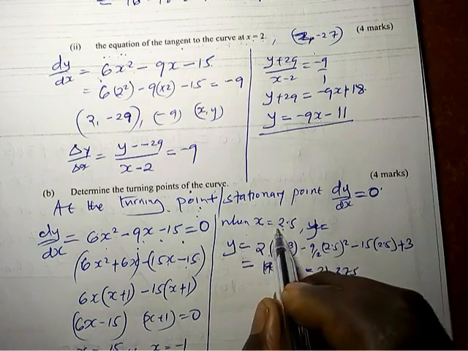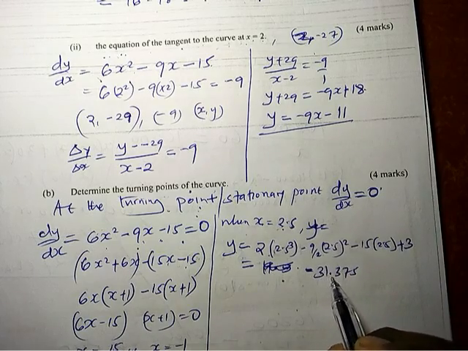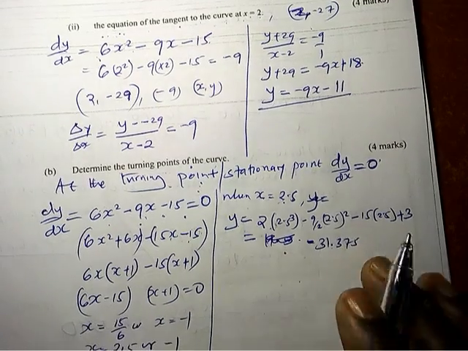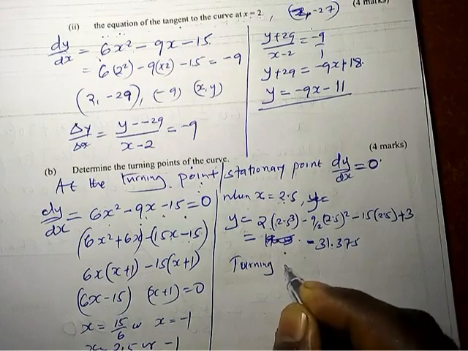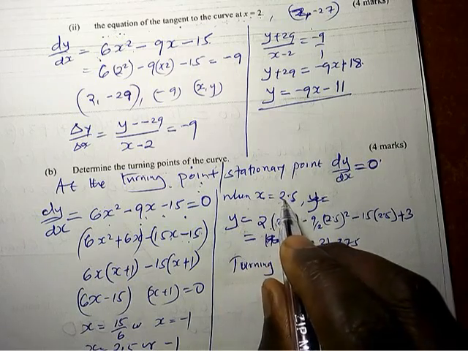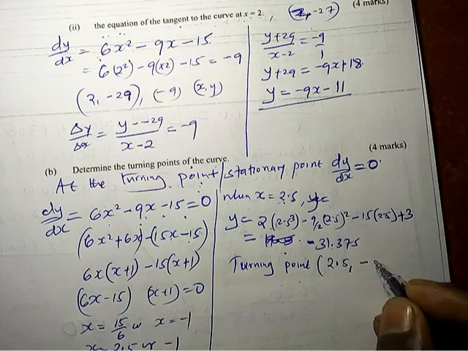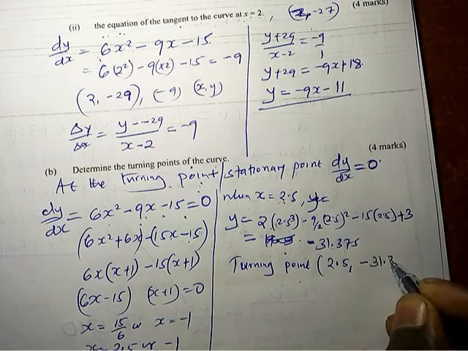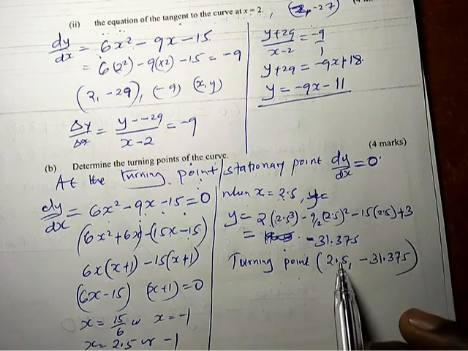When x is 2.5, the value of y is negative 31.375. So the turning point at this point will be 2.5 comma negative 31.375, because that is now the value of x and the value of y.